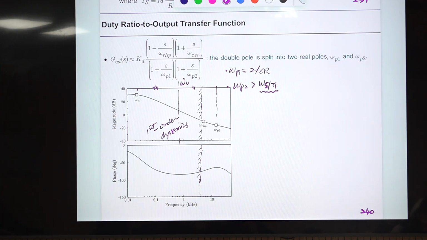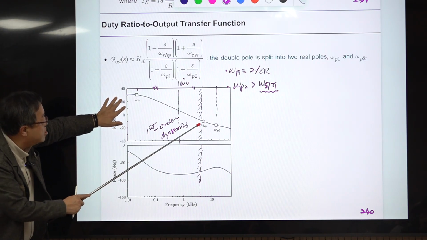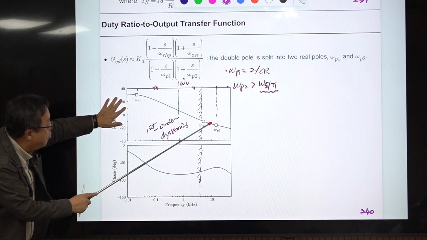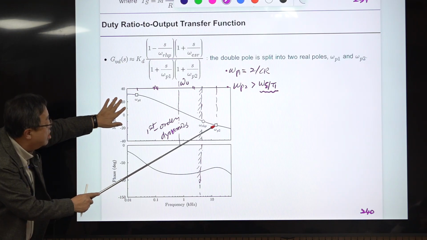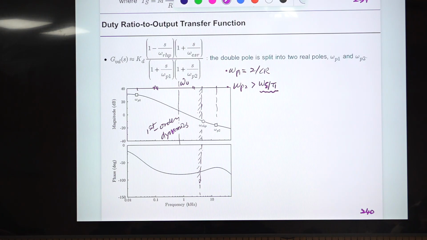All right, take a look at this. There is some very important information here. Omega P1 is this one, so it occurs at very low frequency, right? And omega RHP is somewhere here, and omega P2 is far from here at very high frequency. Omega ESR, of course, is somewhere here, and the phase will be increasing at this omega ESR.